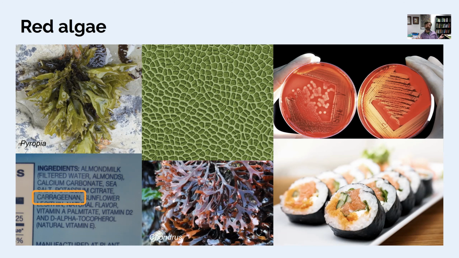This can be used in food products to give you some thickness to your ice cream, your milkshakes, your almond milks, and so on. And then also the wrapper on sushi rolls is a red algae. So basically an intact leaf, what we call a leaf of a red algae, dried out, wrapped around sushi rolls and holds them together.